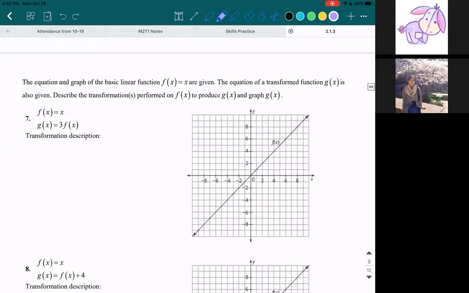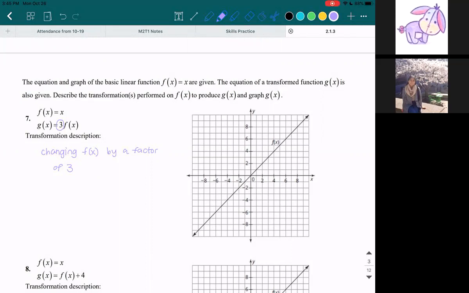So we are changing f of x by a factor of 3. And we know this because we are multiplying f of x by 3. Okay, so what this means is we're stretching our graph to 3 times the original height.